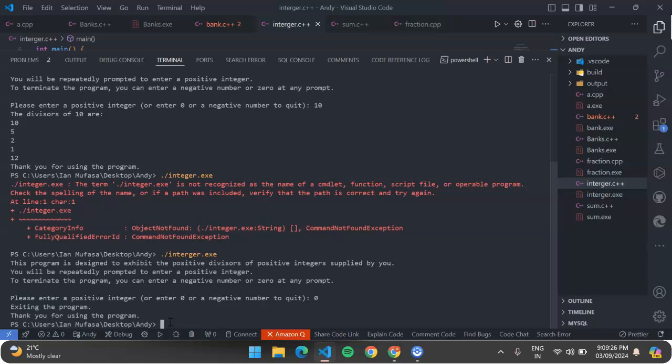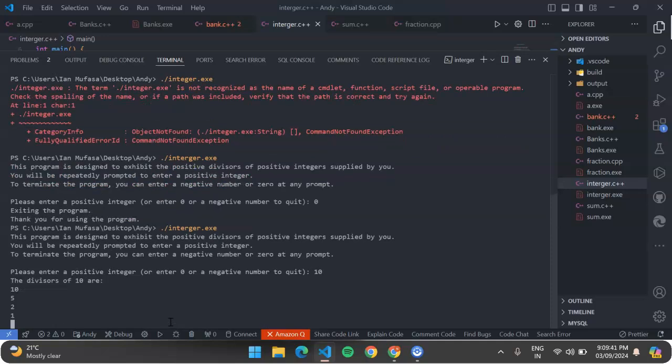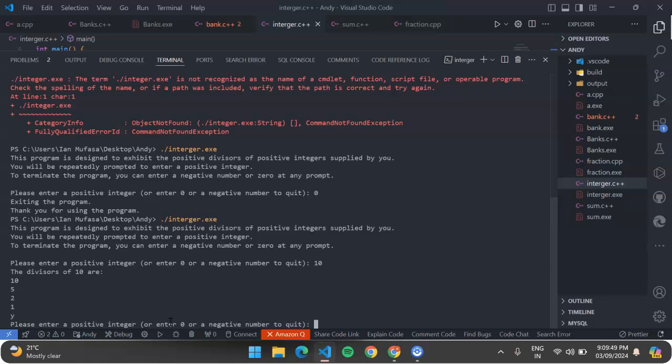Then let me try running it again and check for the varieties. Let me put 10, run it. It provides me with the positive divisors. Provide y to continue. It gives me the option to enter other positive integers.